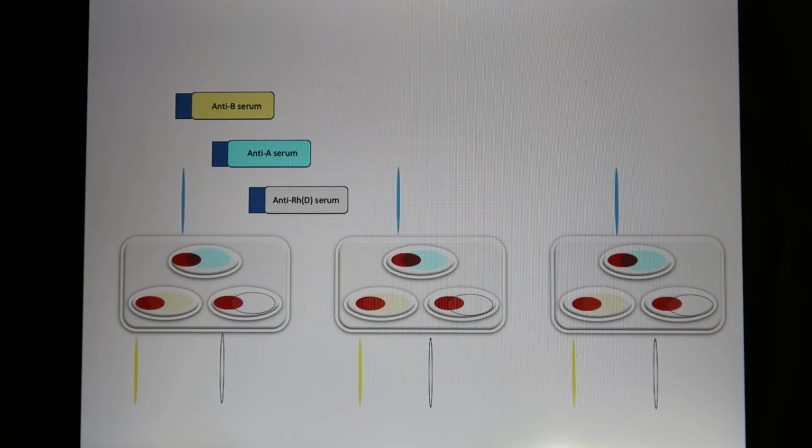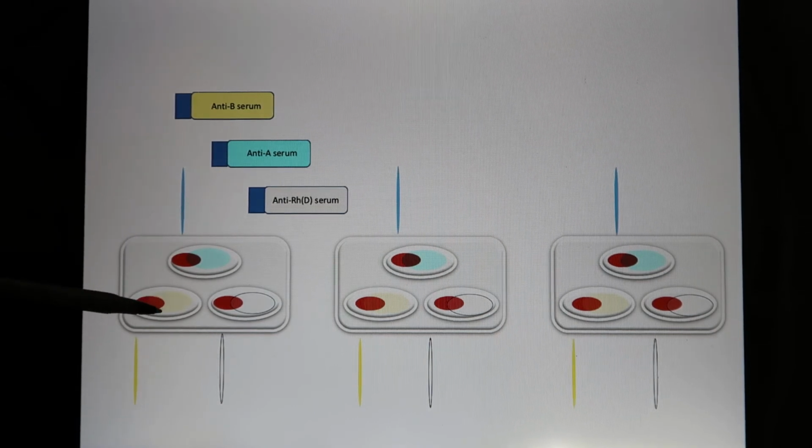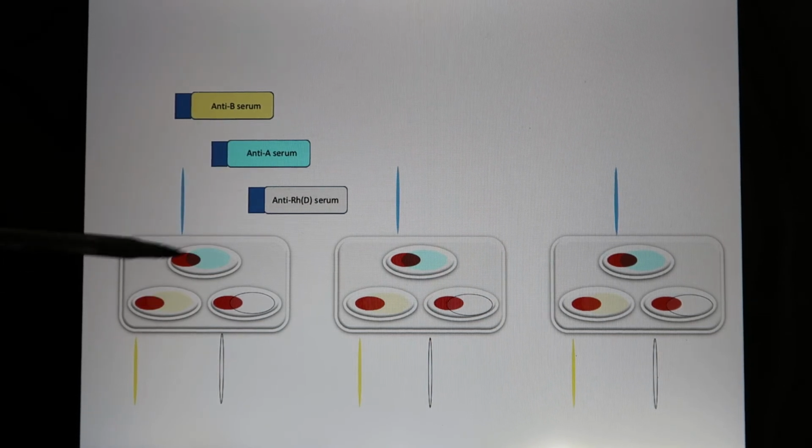And what do we expect to see? If we add anti-A antibody, we see the coagulation. What does that mean? It means this person has A antigen. So by definition, he should be A. If you see the coagulation with anti-B, it means he has B antigen, and by definition, he is blood type B. So if both happen, this person's blood type is AB.